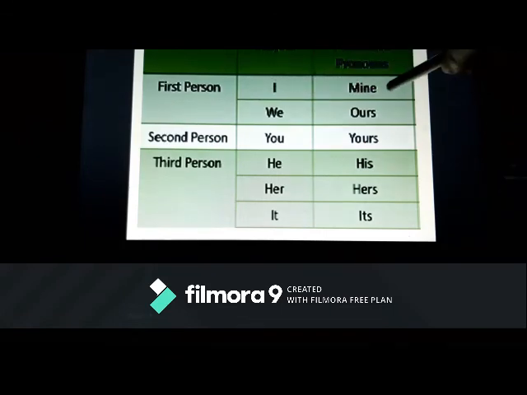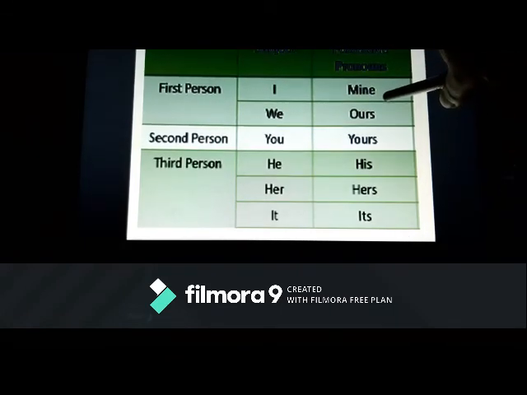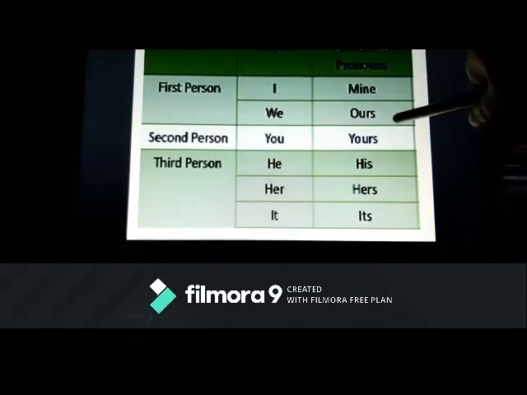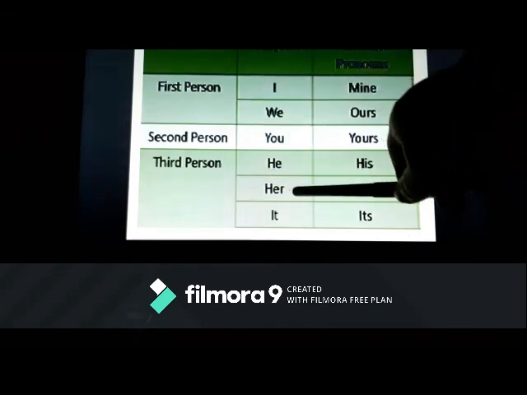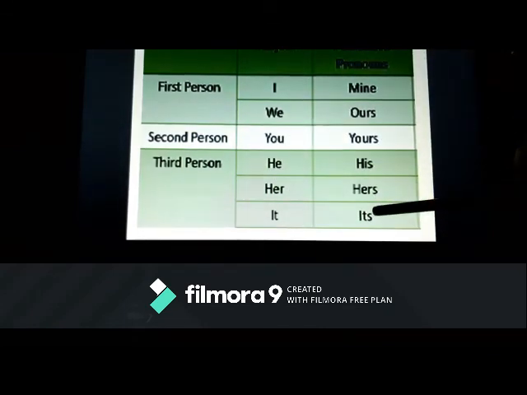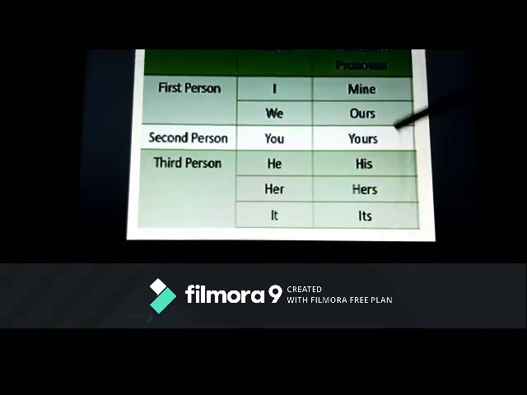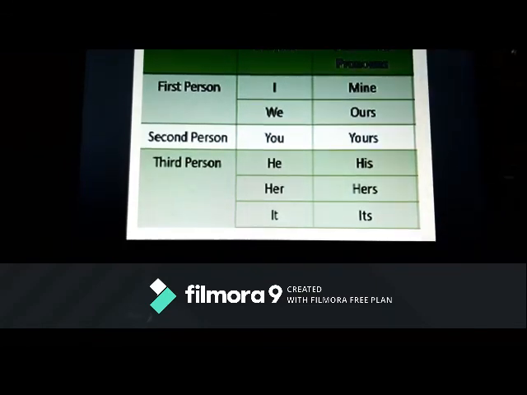Second person is you, which becomes yours, and third person is he, she, it, which becomes his, hers, its. So mine and ours are first person, second person is yours, third person is his, hers, or its.